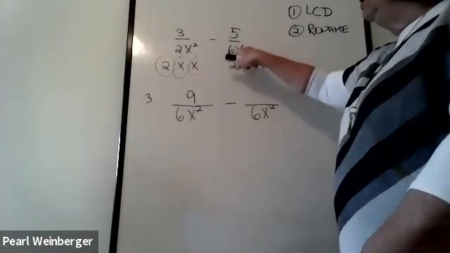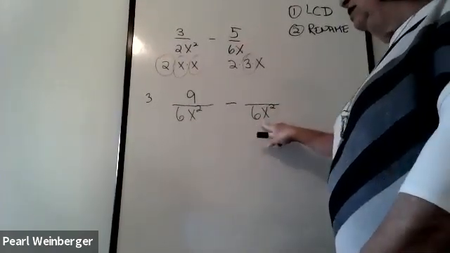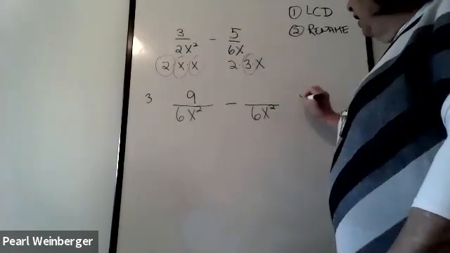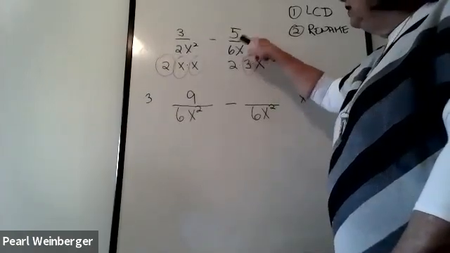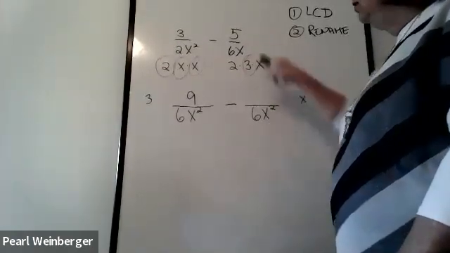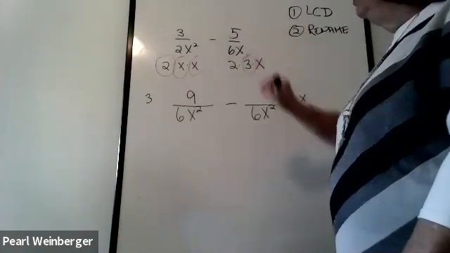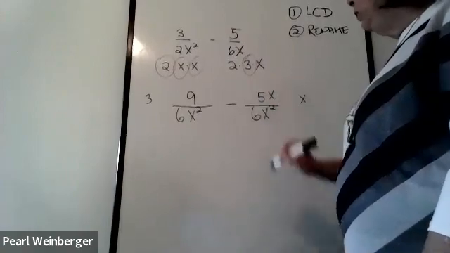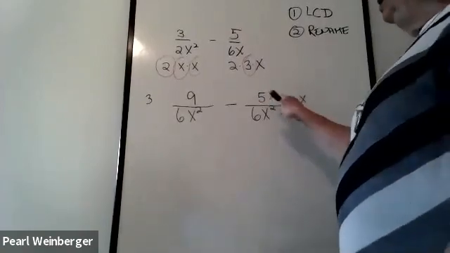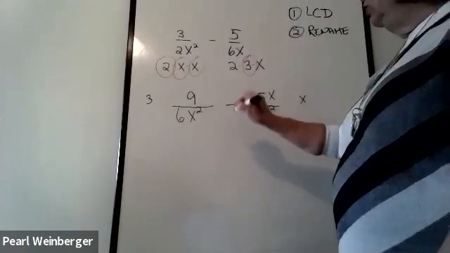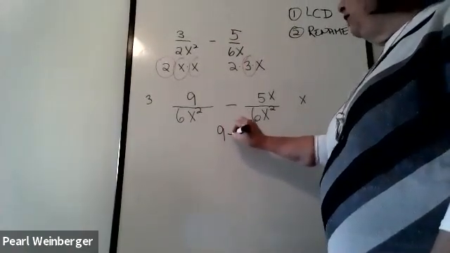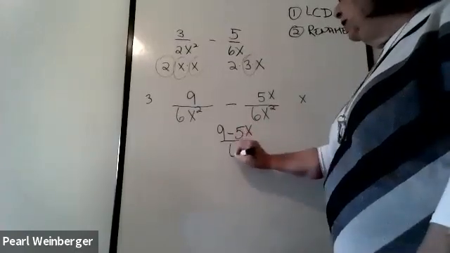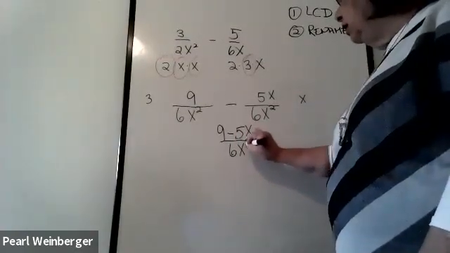I go to my second denominator. 6 into 6 cancels out. X into x squared gives me x. I have multiplied this 6x by an x to get 6x squared. So now I have to multiply the numerator, the 5, by x as well, and that gives me 5x. And now, in this case, we subtract the numerators. 9 minus 5x, they're not like terms, so I can't combine them, and I put them over my common denominator of 6x squared.